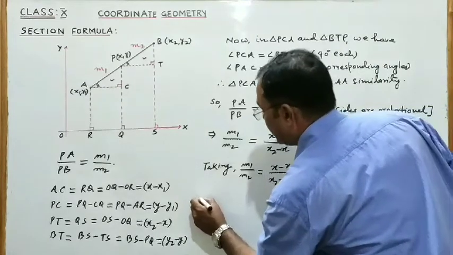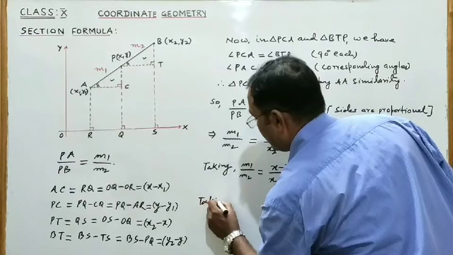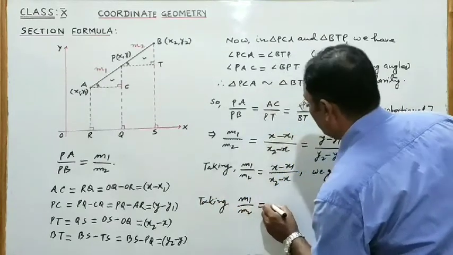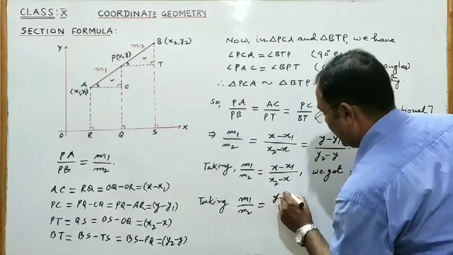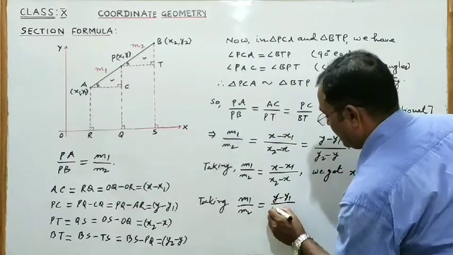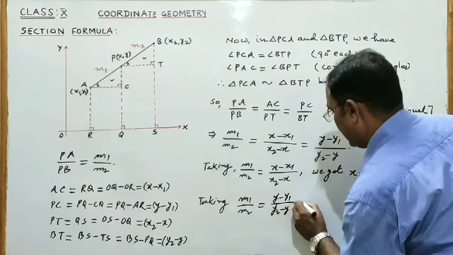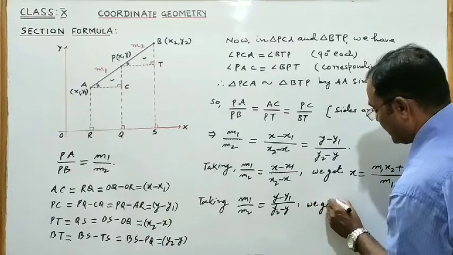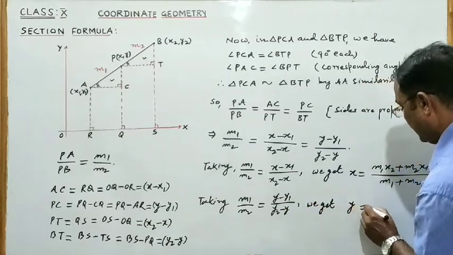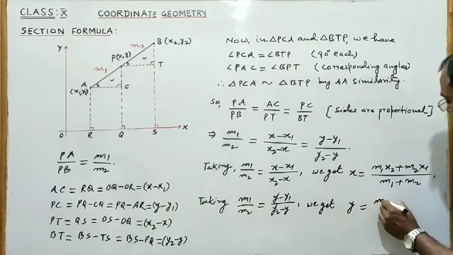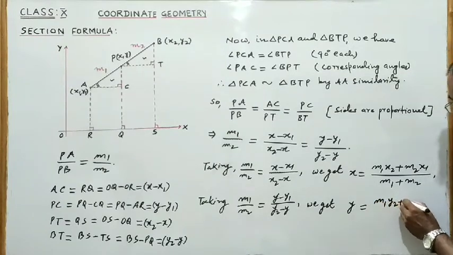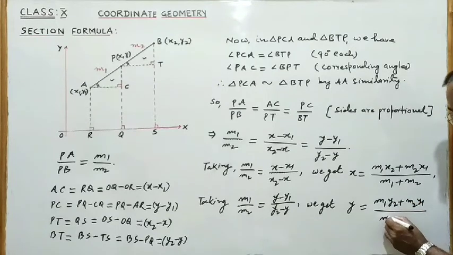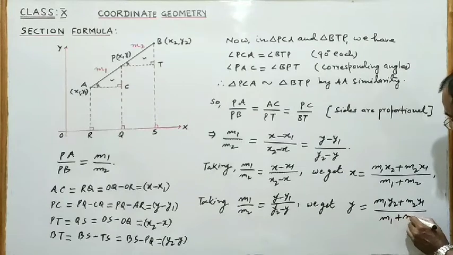And by taking m1 by m2 equal to (y minus y1) by (y2 minus y), and solving this equation we get y equal to (m1 y2 plus m2 y1) by (m1 plus m2).